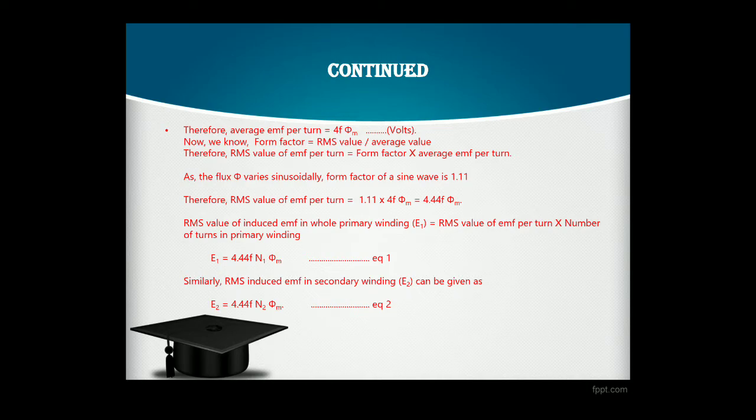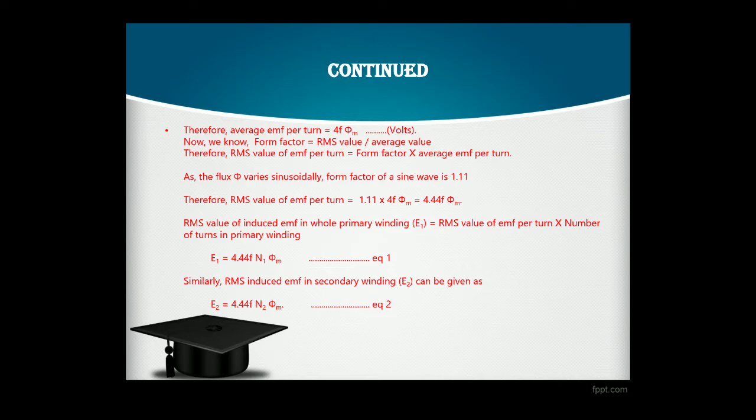The RMS value is the measured value, the active value of voltage or EMF. So the RMS value of the induced EMF in the whole primary winding, E1, equals the RMS value of EMF per turn times the number of turns in the primary winding, N1.